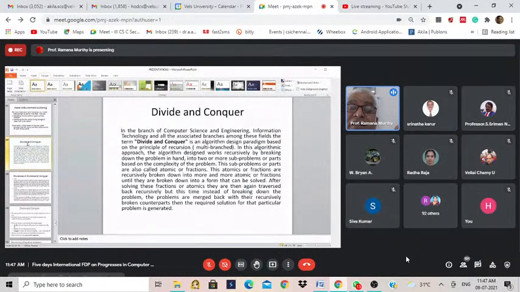The divide and conquer algorithm is a design paradigm based on the principle of recursion for multi-branch. In this algorithmic approach, the algorithm works recursively by breaking the problem in hand down into two or more sub-problems or parts. We break them to overcome complexity issues.